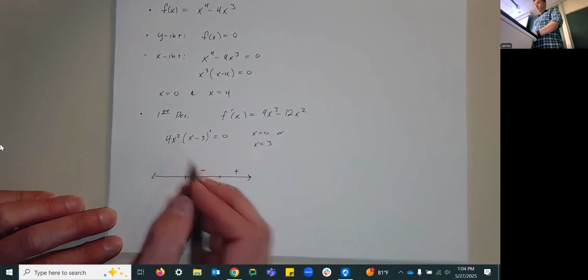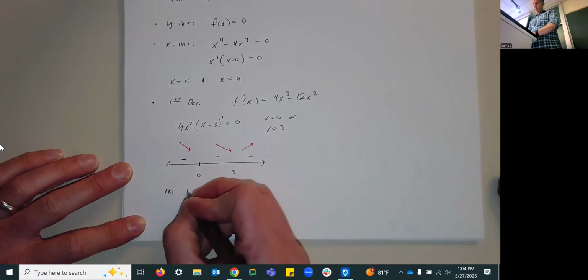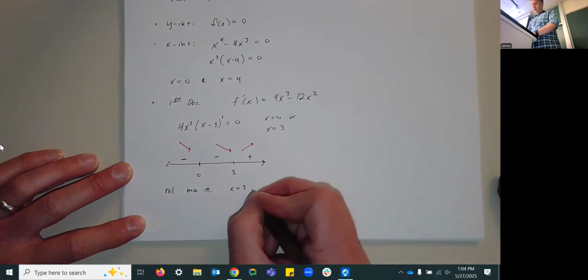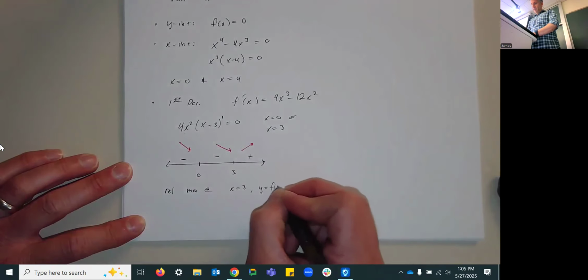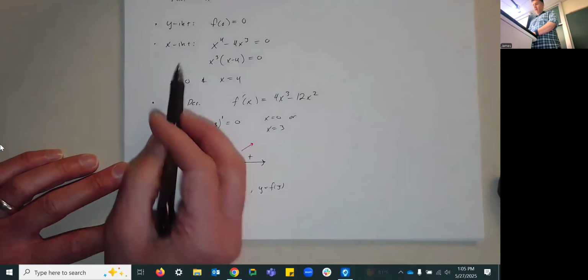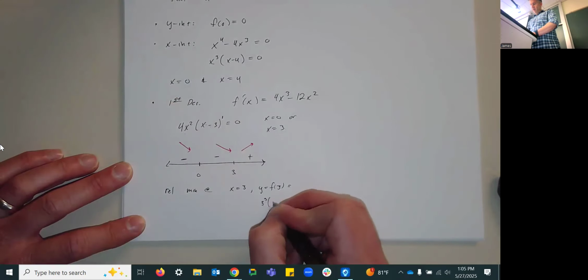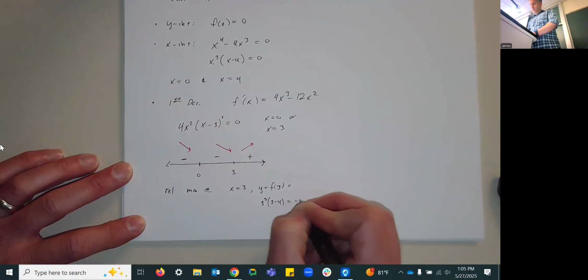So certainly at x equal to 3, we have a relative minimum because it's decreasing, then increasing. And at x equal to 0, we don't have a minimum or a maximum. It's neither. So we have a relative minimum at x equal to 3, and the y value is f of 3, which, if I look at the factored form here, is 3 cubed times 3 minus 4, which is negative 27.